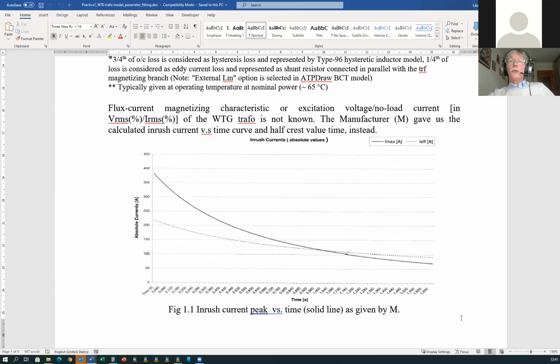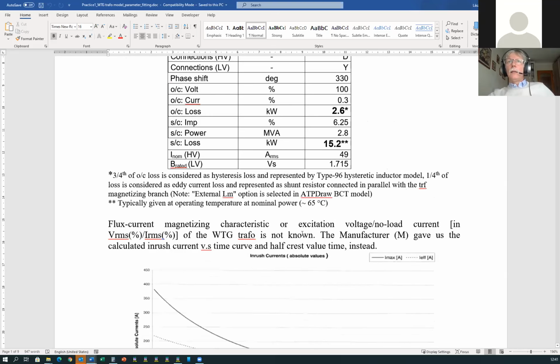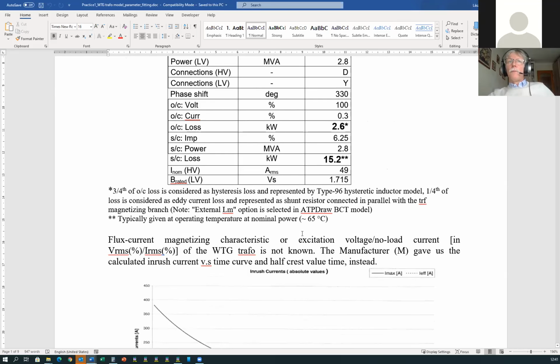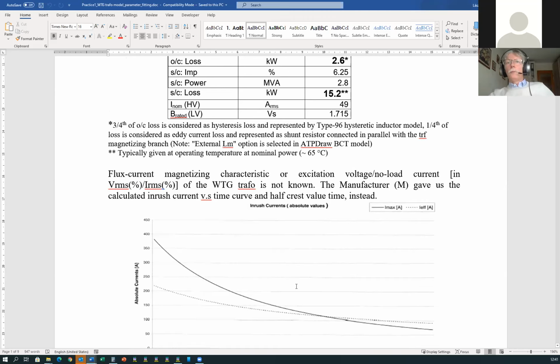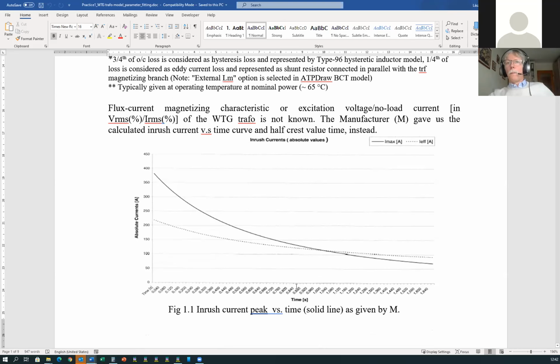At the design stage, you have no option to take any measurement on the transformer, but generally we know how the inrush peak decays versus time. This information is important for all voltage dip studies. So I had a try to fit this transformer model using this data to the curve provided by the manufacturer.